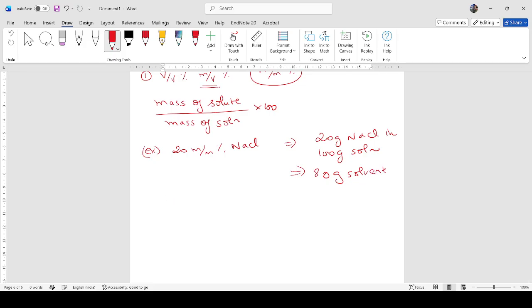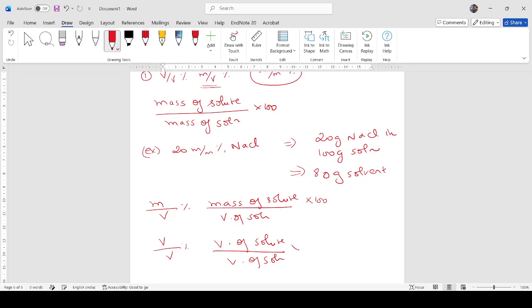Same logic goes for the other ways also. Mass by volume percentage: mass of solute divided by volume of solution into 100. Volume by volume percentage: volume of solute divided by volume of solution into 100.